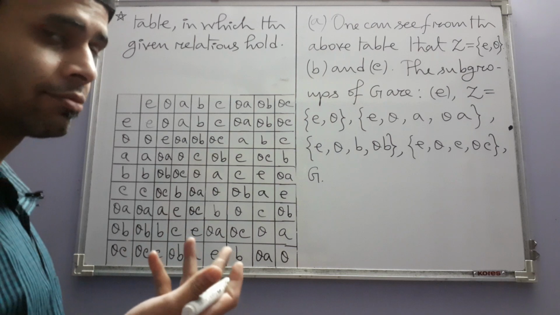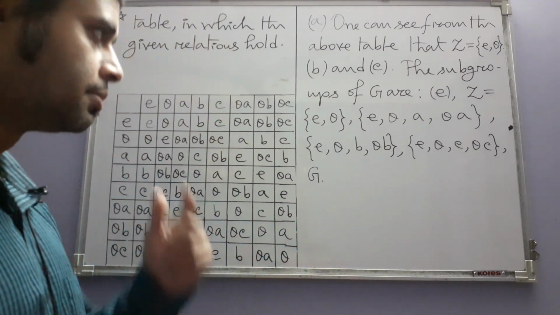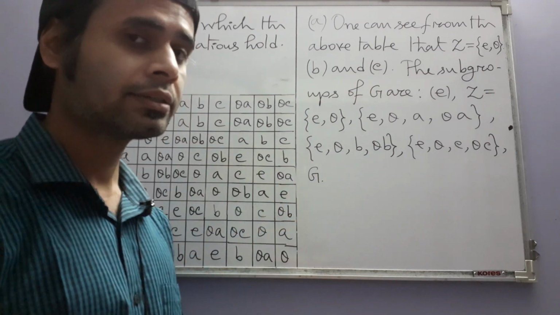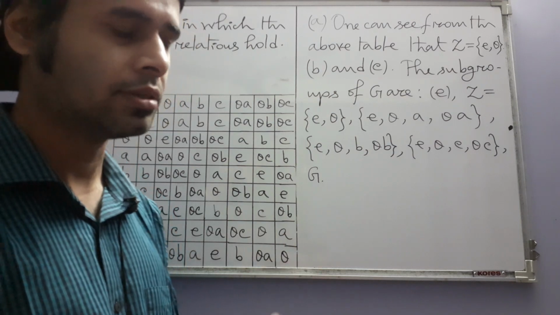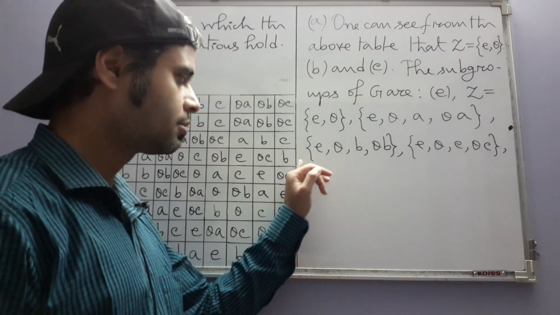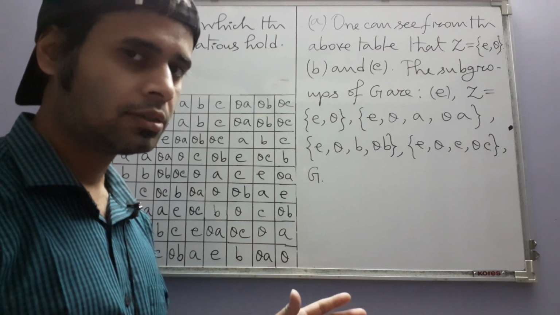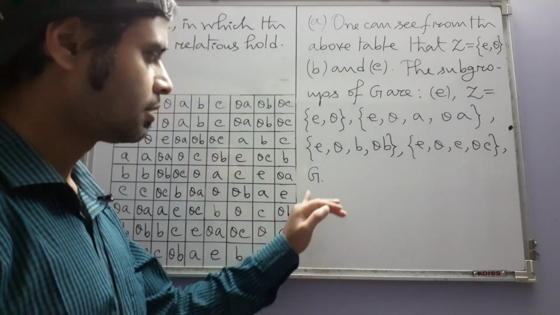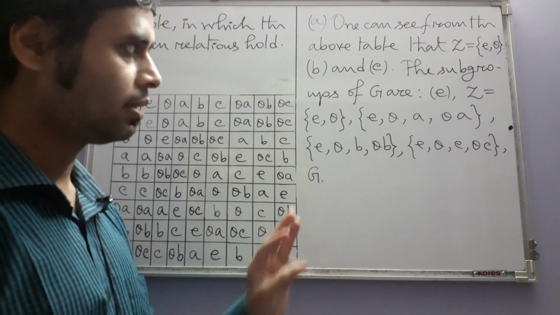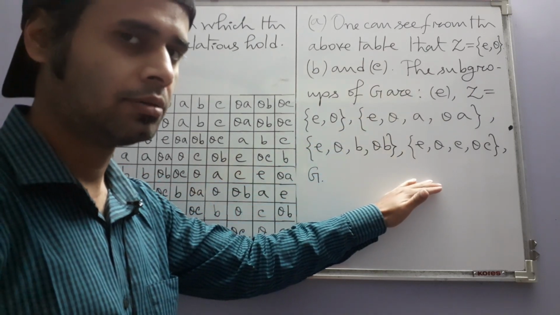Now we have to answer part C, right? And what about that thing that these are the only subgroups? You can take the help of Lagrange's theorem for this. What does Lagrange's theorem say? It says that because G is a group of order 8, any subgroup should have order which is a divisor of 8. The positive divisors of 8 are 1, 2, 4 and 8, and we have in fact found subgroups for each possible order.